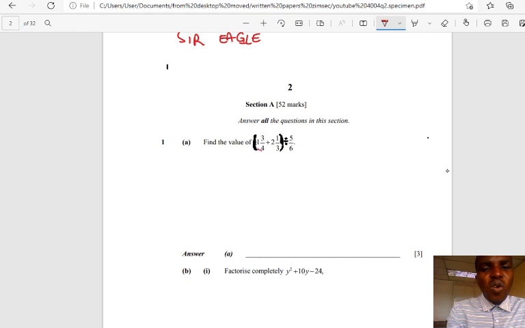Then for 1 3/4, you say 4 times 1 plus 3. 4 times 1 is 4, plus 3 is 7. So it will be 7/4 plus 2 1/3: 3 times 2 is 6 plus 1 is 7/3, like this.